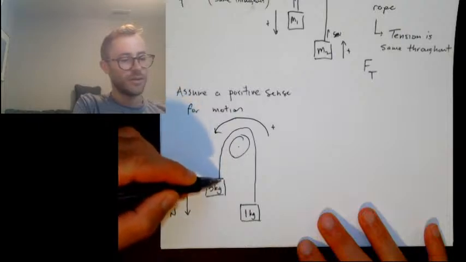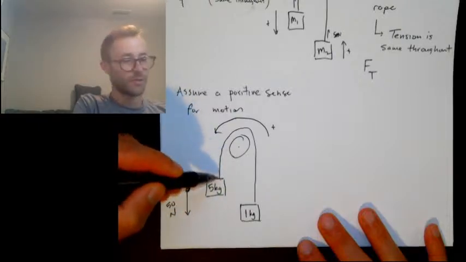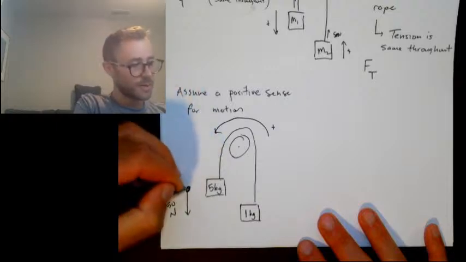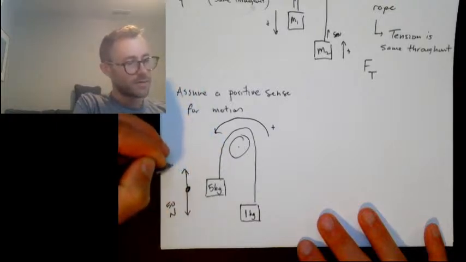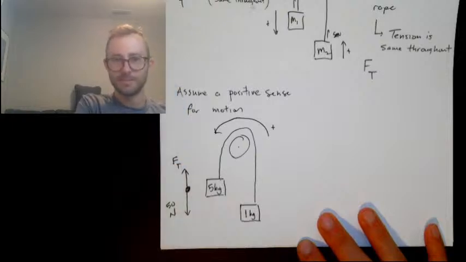And the thing that is slowing the 5 kilogram mass down is the rope that's pulling up on it. So it's going to have the force of tension going up.